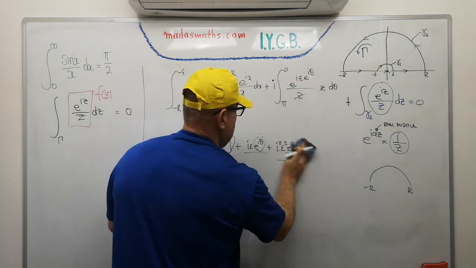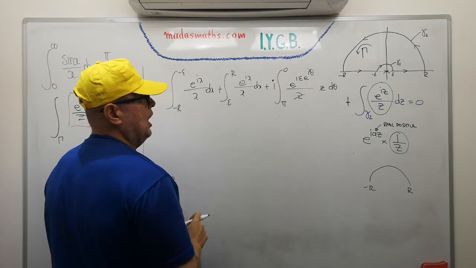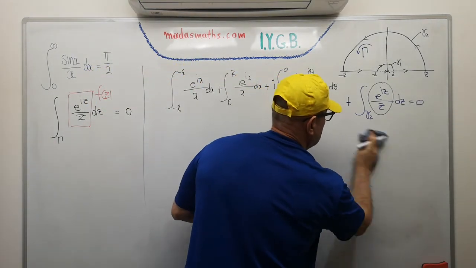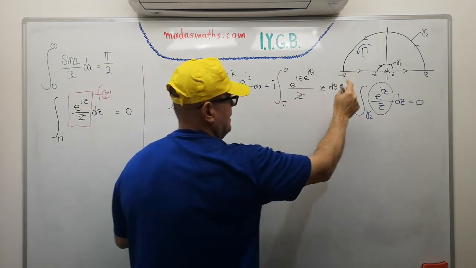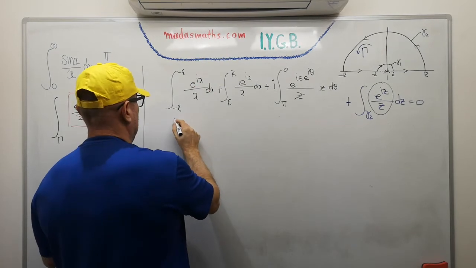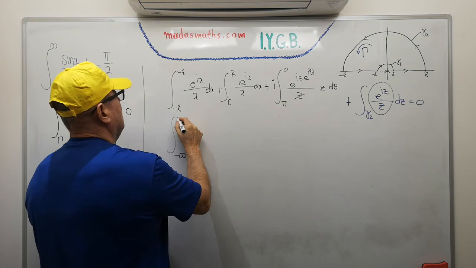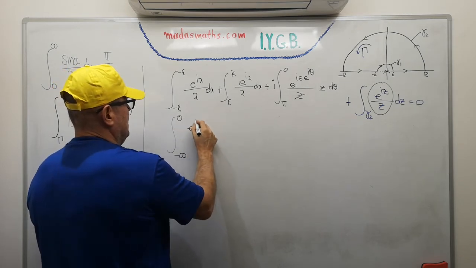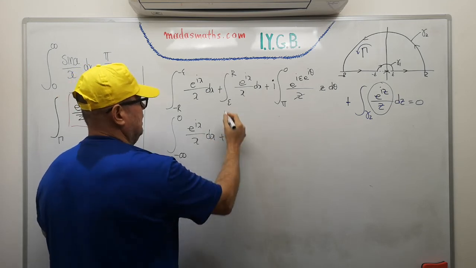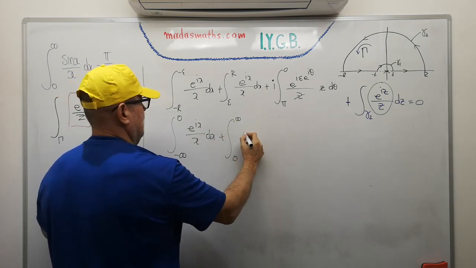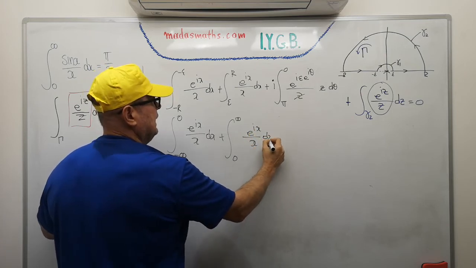Okay, so if we let now epsilon go to 0 and r go to infinity, let me just clear all of this so we can see the very last line we reached. So that plus that plus that plus that is equal to 0. We have the following. This integral is going to go from minus infinity to 0 of e to the ix over x dx, and similarly the other one, 0 to infinity of e to the ix over x dx.